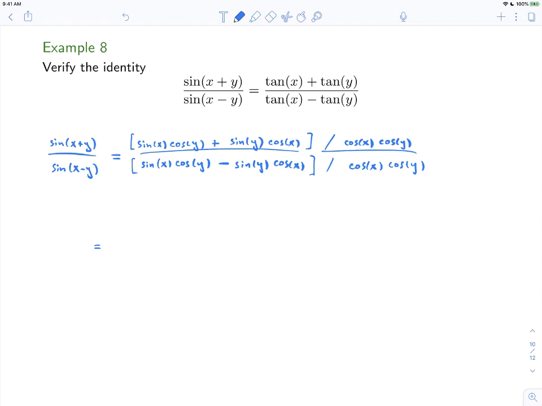Well, let's look at the numerator. We'll have sine x cosine y plus sine y cosine x. And we're going to divide this term by cosine x cosine y.